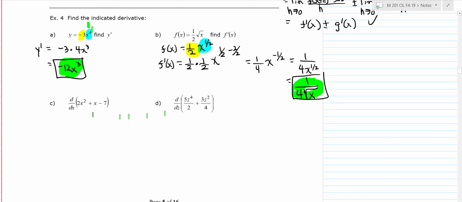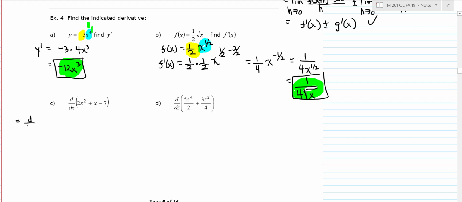Now, these are sums and differences on this. So the way you would do this, and again, this Leibniz notation just means take the derivative of this function with respect to x. Variables got to match. See, this is d dz, we have z's. So it would go like this, and we're going to write steps that you're probably not going to have to do because you're going to do this whole problem in your head.